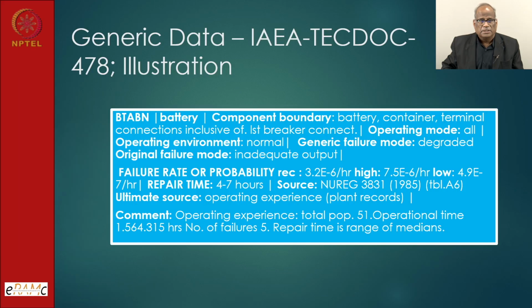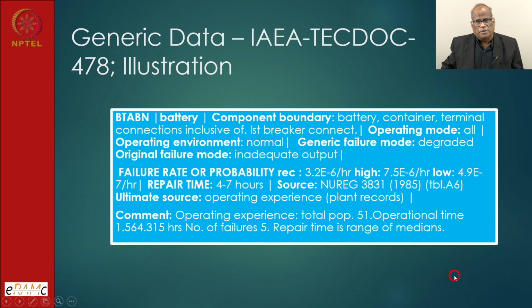database we have. So typically how does the database look? This is IEEE Std 478, and first they have identified a component, that is battery, its code, component boundary. Okay, in a database it is very important to demarcate the component boundary.